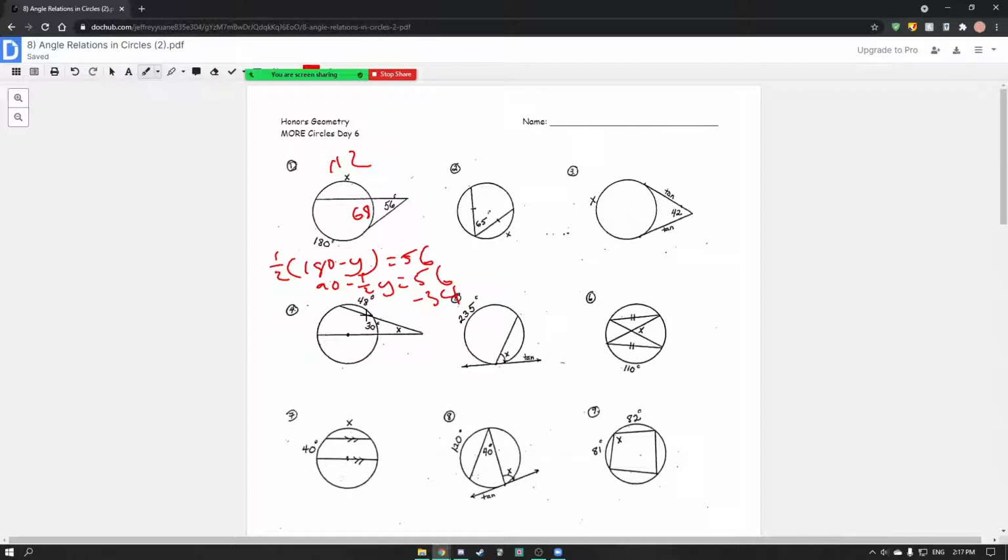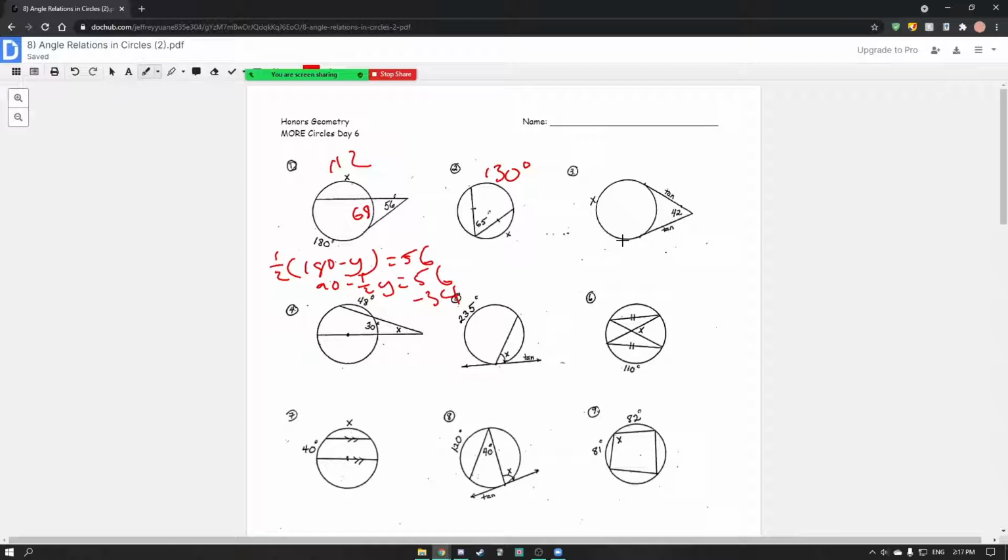Okay, so just as a quick, better explanation of number one, the secant tangent theorem basically says that if you take the bigger inscribed arc minus the smaller inscribed arc, which in this case we didn't know was 68, but we called it y, and divide that by 2, you'll get the angle created by the tangent and secant, which is 56.